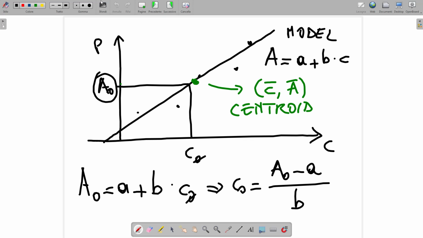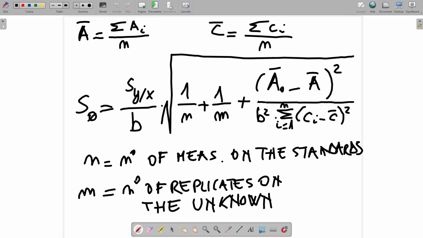I will repeat now. I want the area of the unknown to be close to the average of the areas of the standards.